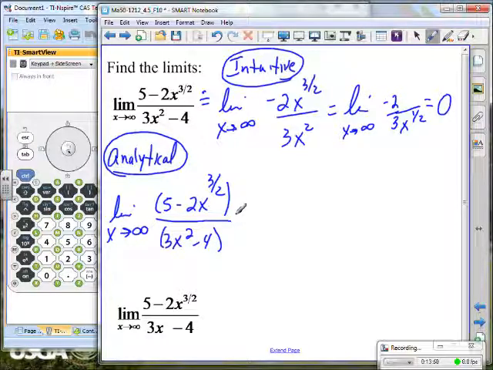What can I multiply by that won't change the value of the original fraction? Very simply, it has to have a value of what? 1. Okay? What's that 1 going to look like?